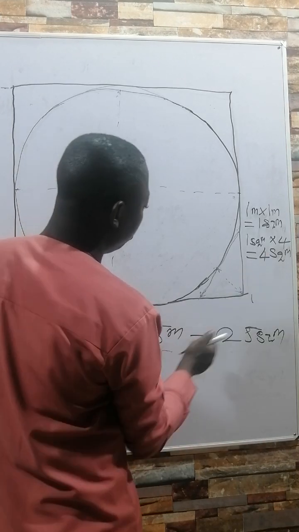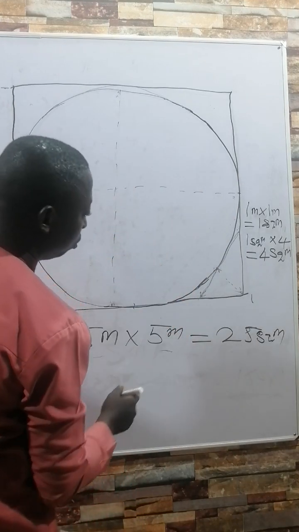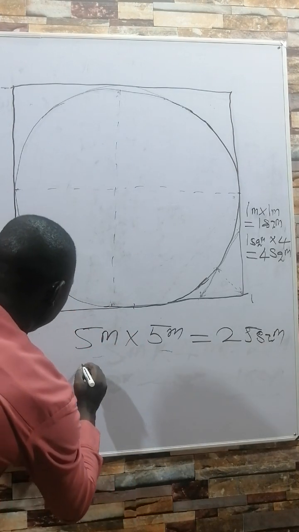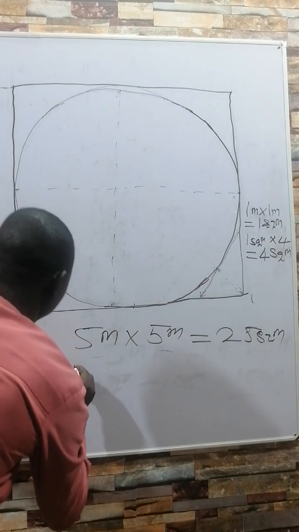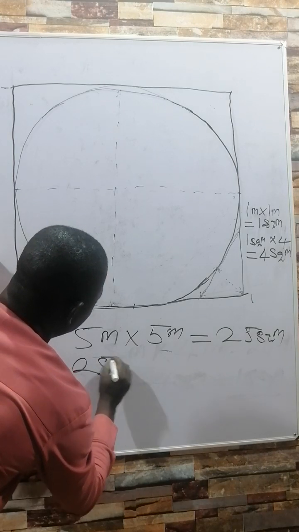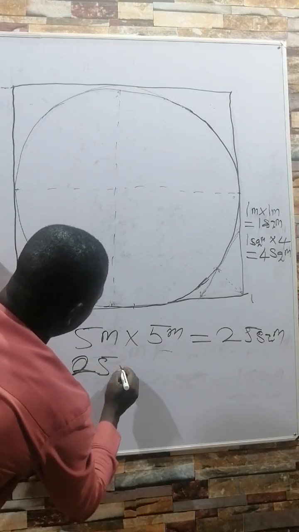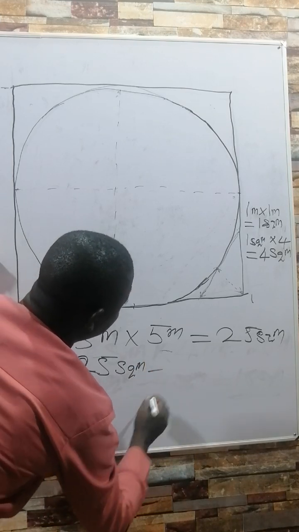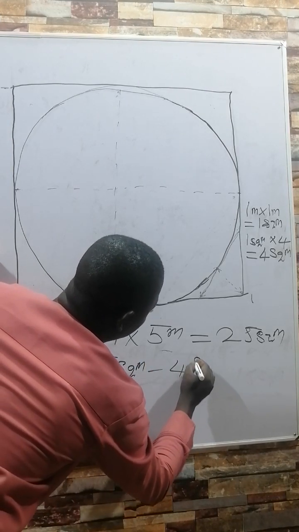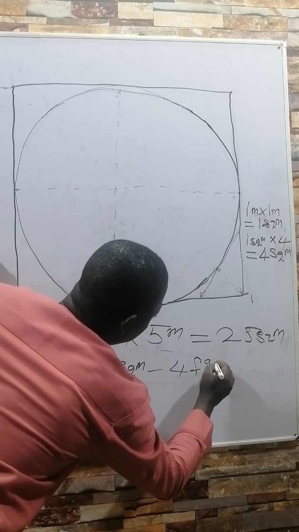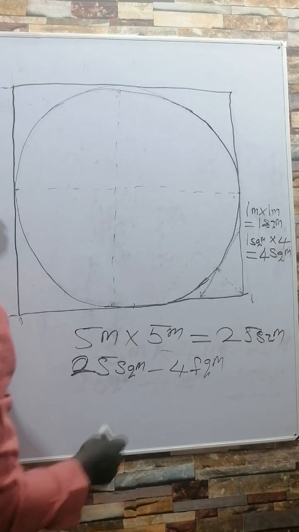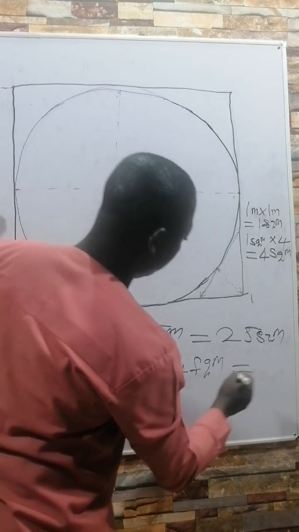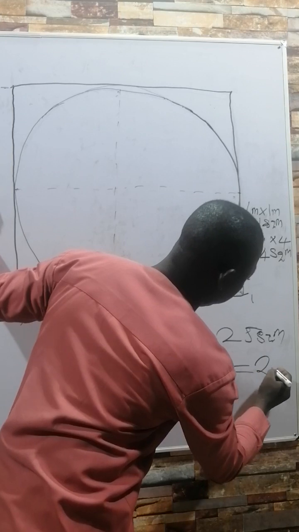So what you're going to do to get this area is you do 25 square meters, which is from here to here, the whole area, minus 4 square meters, which is this 4 square meter. Then it will give you 21 square meters in total.